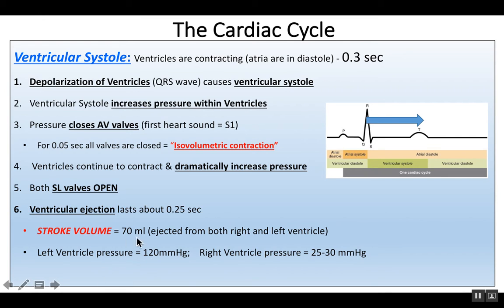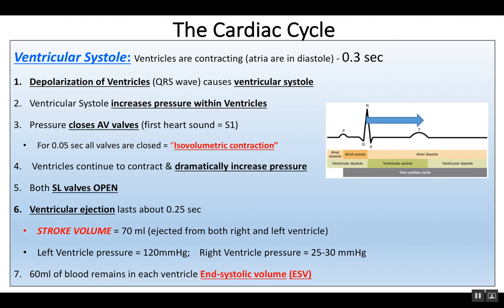Therefore, the left ventricle reaches a pressure on average of 120 millimeters mercury, whereas the right ventricle only has to reach somewhere around 25 or 30 millimeters mercury. So the pressures are different, but the volume ejected is the same, 70 milliliters.